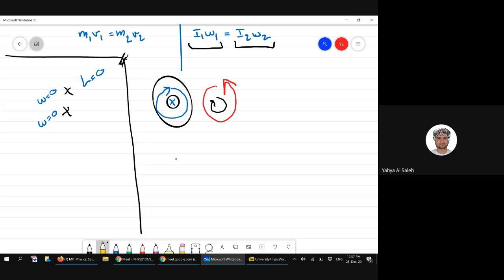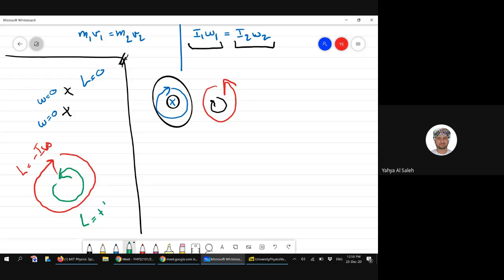Now, if this outer thing starts rotating in this direction, it will have L equals minus I omega, which necessitates that the thing on the inside goes in the opposite direction so that its L is equal to plus I omega.